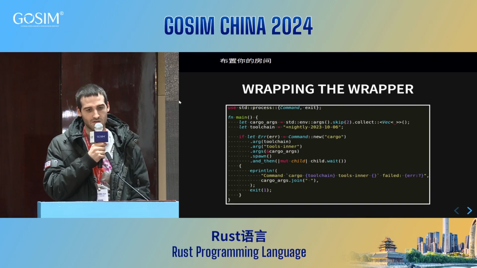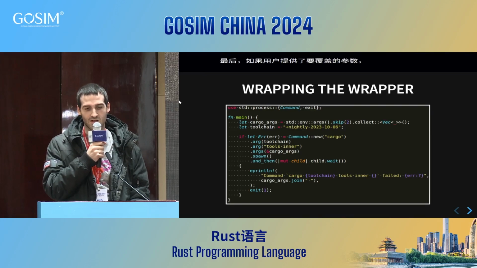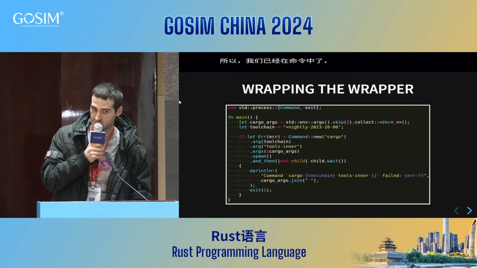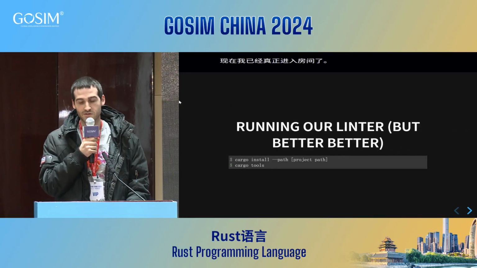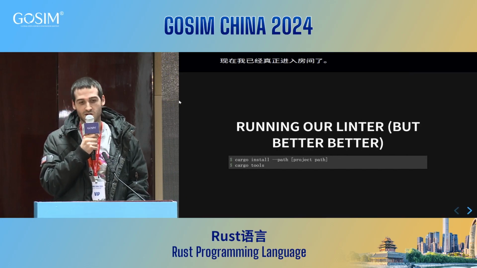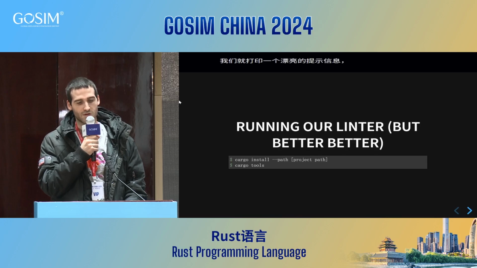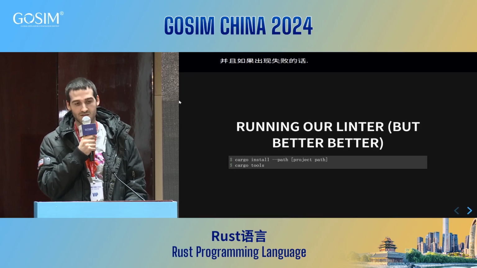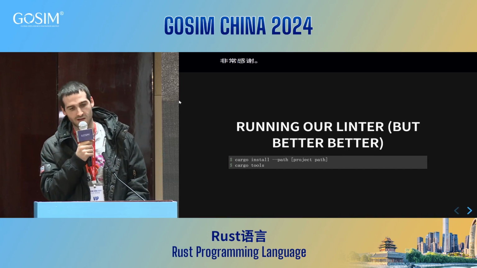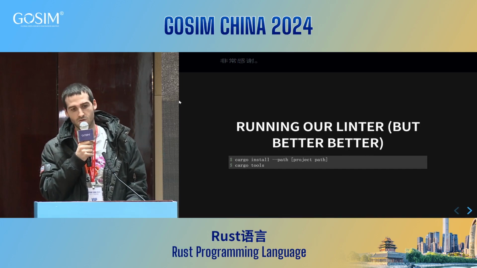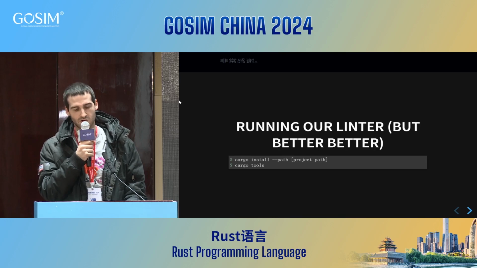In case it didn't, we print a nice message saying something failed, and we exit with an error. That's pretty much it. Now we install this new cargo tools. We provide, again, a new path. And instead of running cargo tools-inner, we'll simply run cargo tools, which inside will simply call cargo tools-inner. That's it.